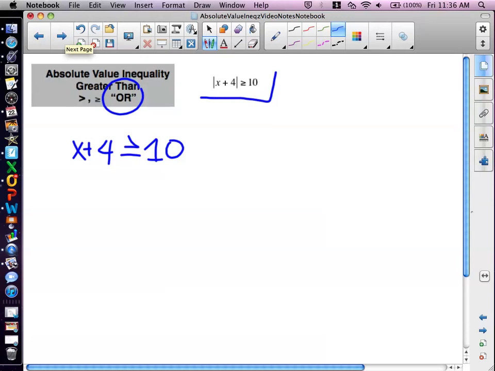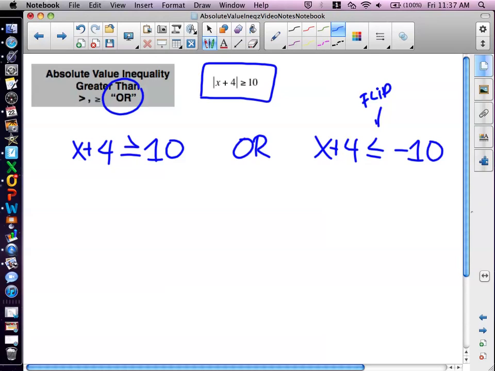So I keep the absolute value set up exactly as it's given, but I remove the absolute value bars. Now my second equation, my OR, I still copy what's inside the absolute value bars as it's given, but now I flip the inequality symbol and I set it equal to the opposite number. So here I flip and I take the opposite value.